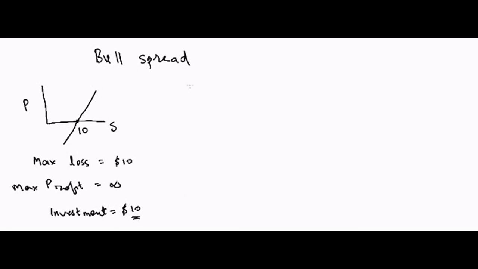But same thing, if you buy a call, suppose you pay for the call, so the call price is equal to $2, then you will have your profit chart like this, and this is your profit and this is your stock price again.